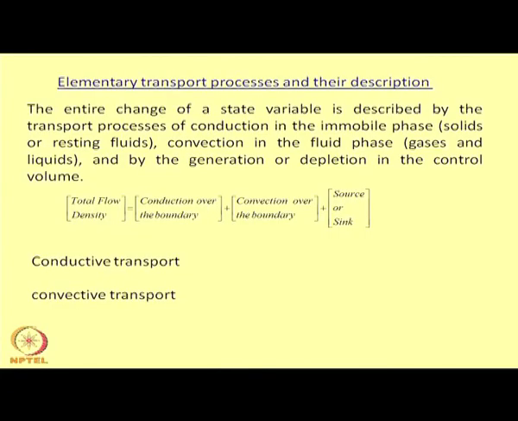So, sum this over the boundary for the conduction and for the convection, plus there would be source or sink. In these source or sink, it is simply going to be the forces which are present in the system. Now, for a momentum transport situation, the sources or sinks that are relevant are due to surface forces, and the surface forces for macroscopic systems would simply be equal to the pressure forces and the shear forces.